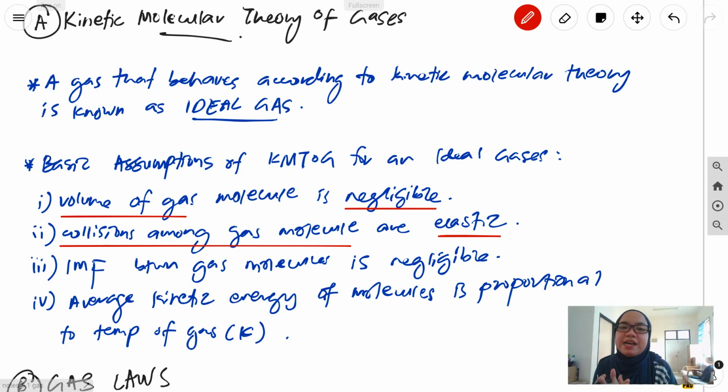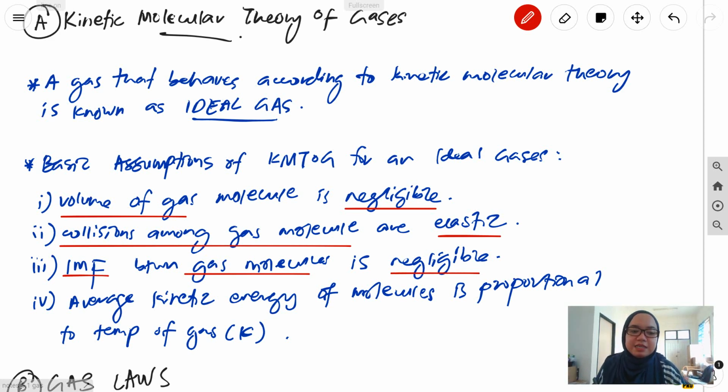There is no loss in kinetic energy when the gas particles collide with each other. And the third one is that the intermolecular forces between gas molecules are negligible. There is no attraction or repulsion between the gas particles since they are so far apart from each other. So they just collide, and that's it.